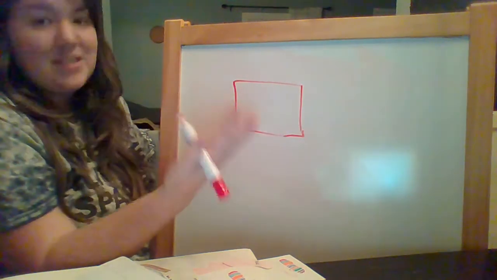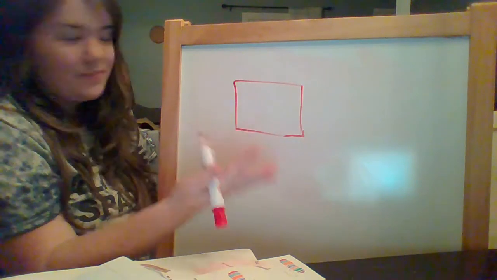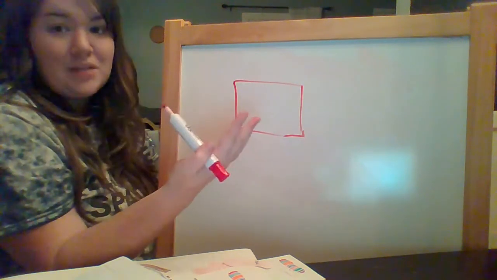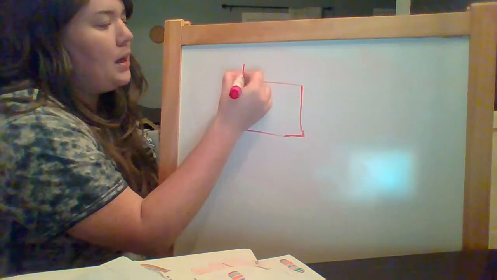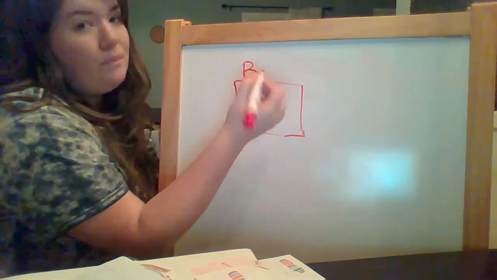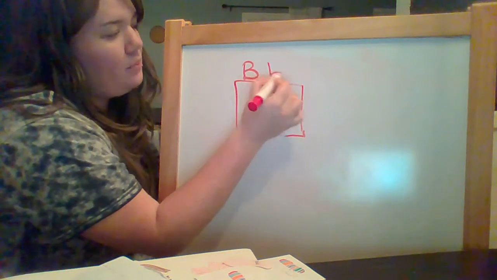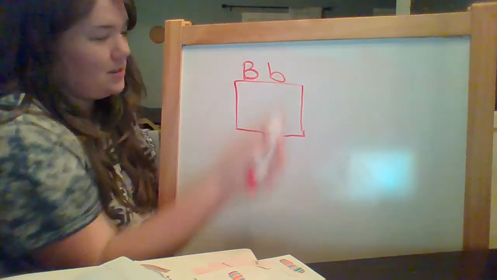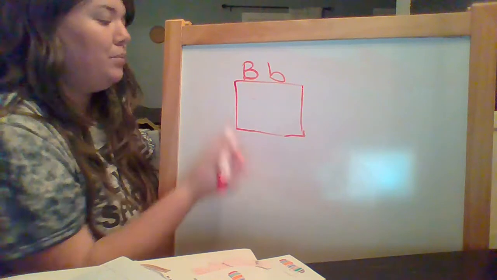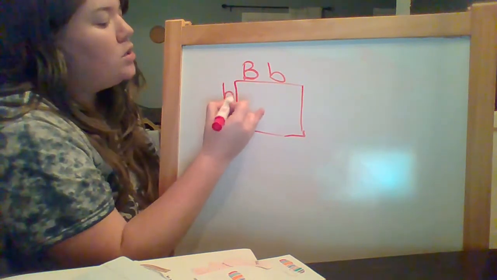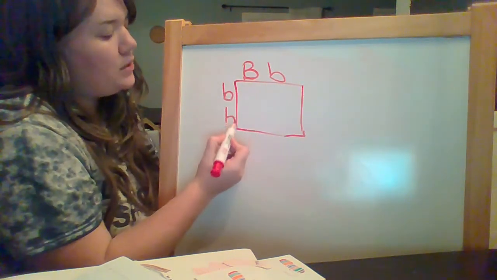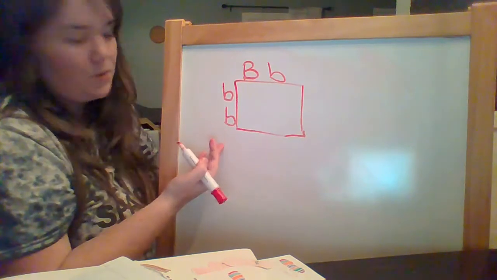We'll say we have a dad with brown eyes, and we know that his genotype is big B, brown eyes, dominant, little b, blue eyes, recessive. And the mom, she had blue eyes, so she had little b, recessive blue eyes, and little b, recessive blue eyes.